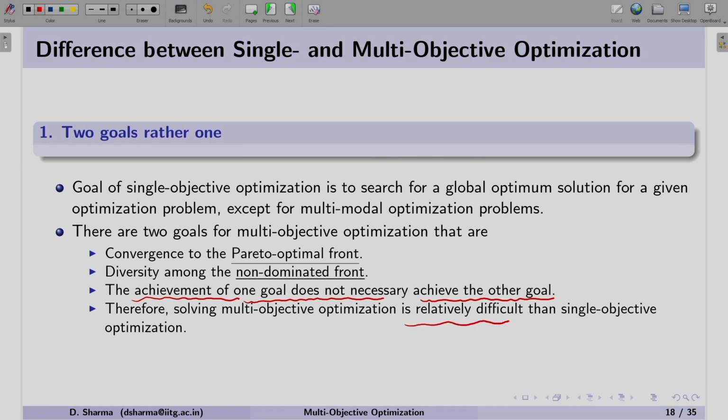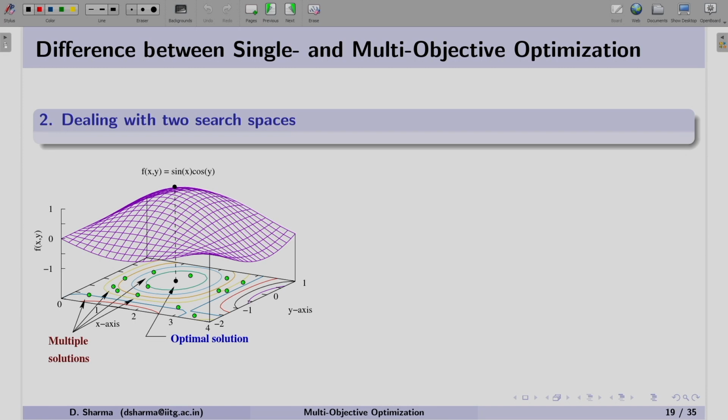And the same thing we have mentioned here, that this problem is relatively difficult. Another difference between single and multi-objective optimization is the search space. In single objective optimization, we deal with just one space called variable space. So, let us look into the example here.